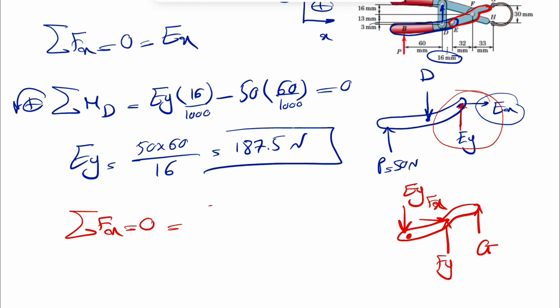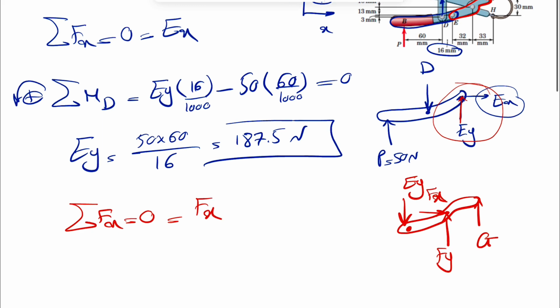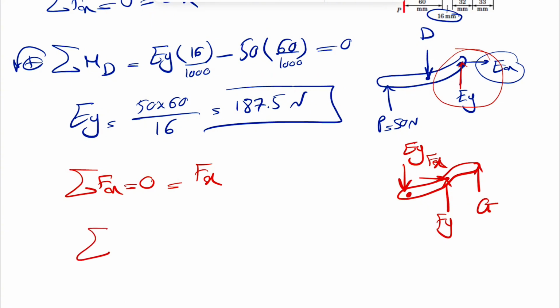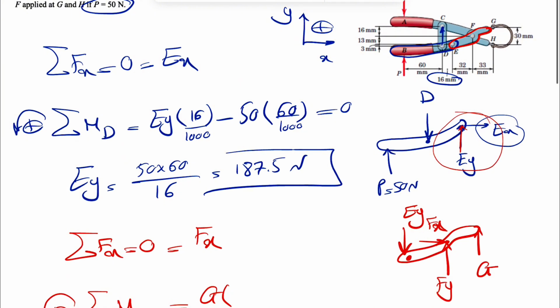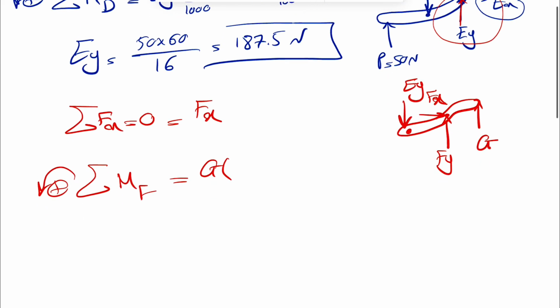So from the free body diagram that I showed in red, Fx will be 0, and we just need to do the moment about point F, because that way we're going to find the force at G, which is what we are interested in. The moment of G about F is counterclockwise, so positive G. We have to find the vertical distance from G to F, which is the line of action of the force, and we have 33 millimeters.